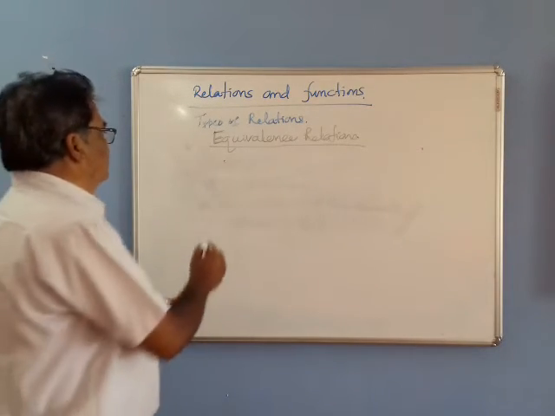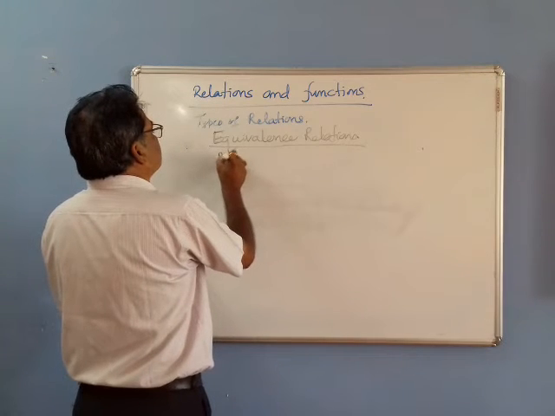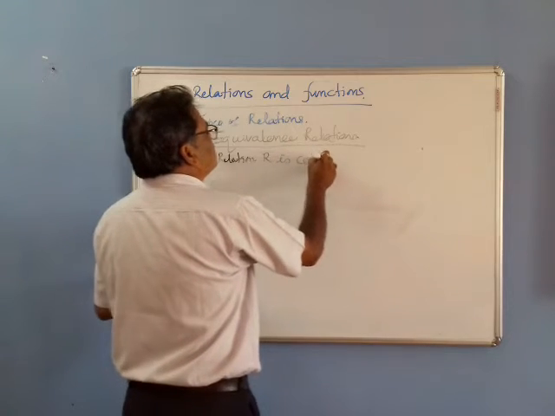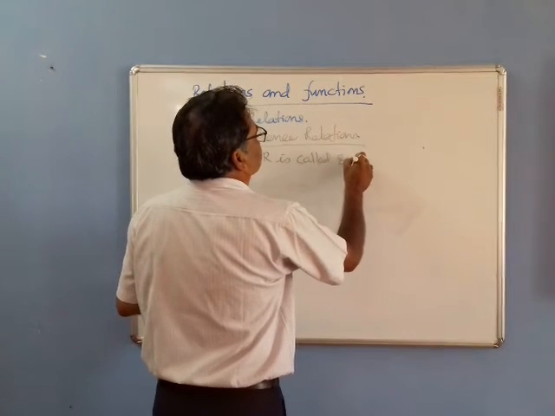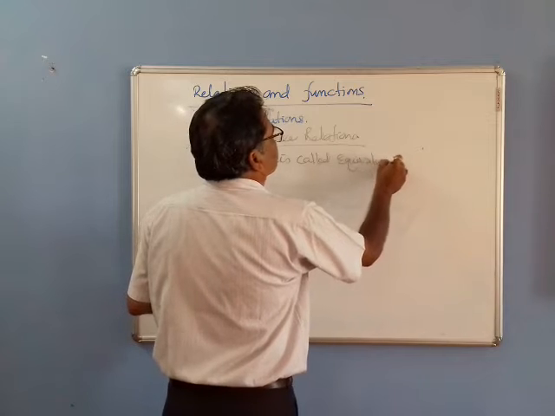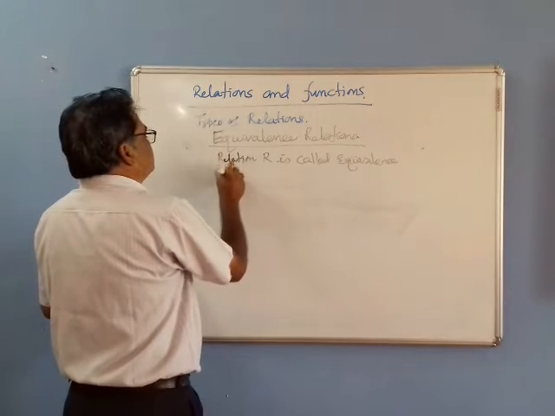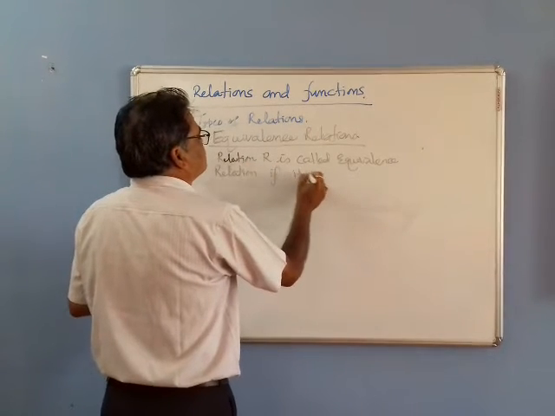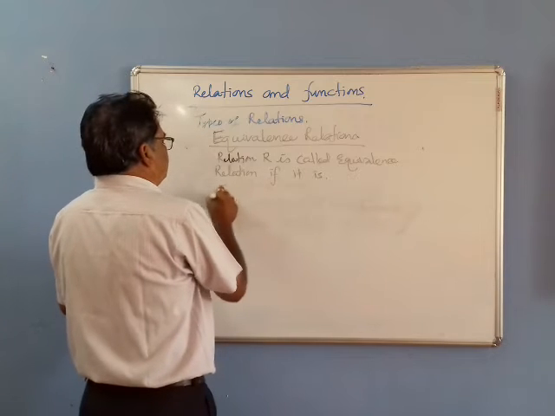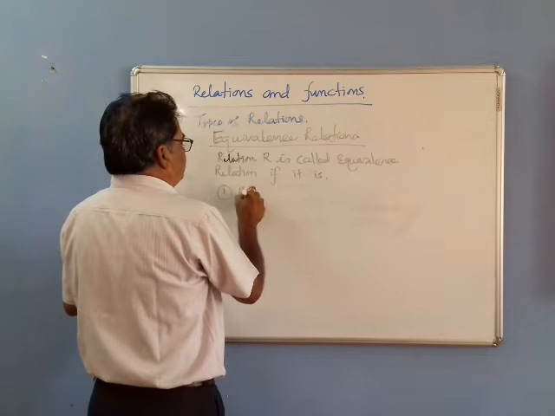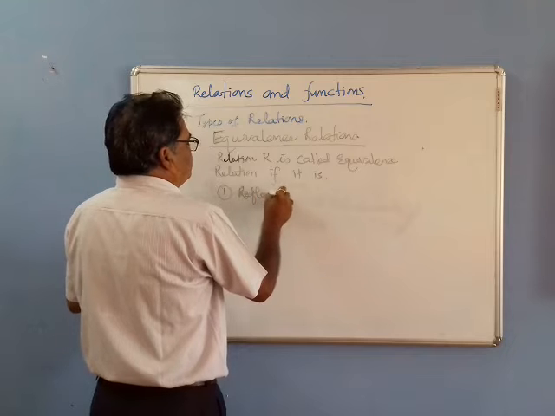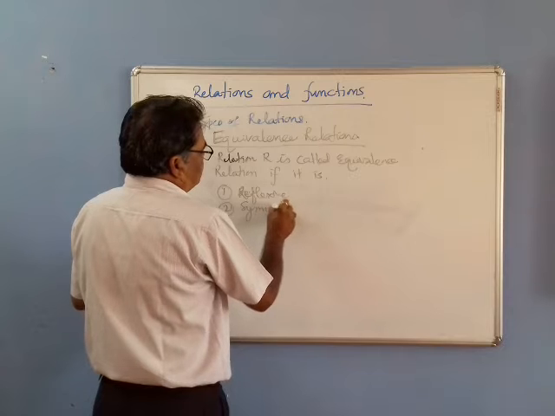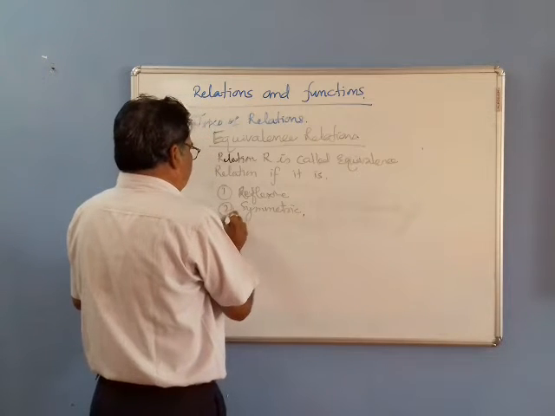The relation R is called equivalence relation if it is number one reflexive, second symmetric, and third one is transitive.